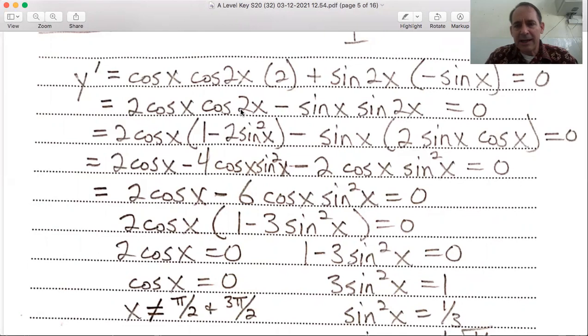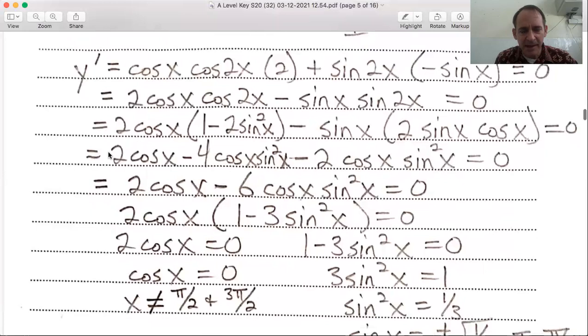So when you look at it, you want to look at what's common here. We see there's a factor of 2 common. We see there's a cosine common. So what we're going to want to do is change it into the one that's just sine. So I picked the 1 minus 2 sine squared x, and then distribute. So 2 cosine x times 1 is 2 cosine x.